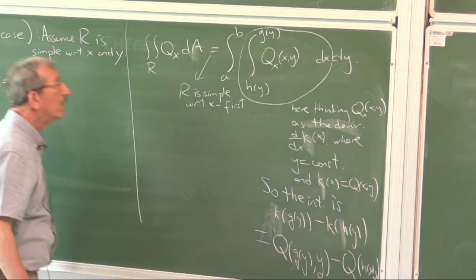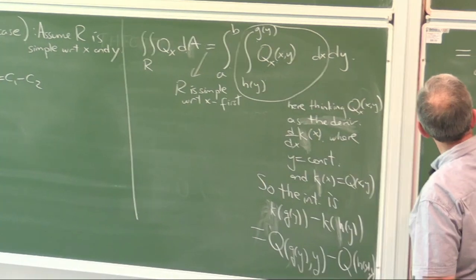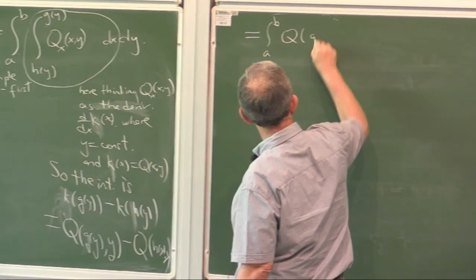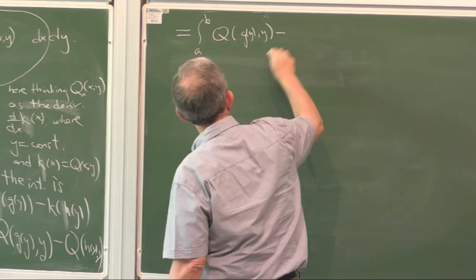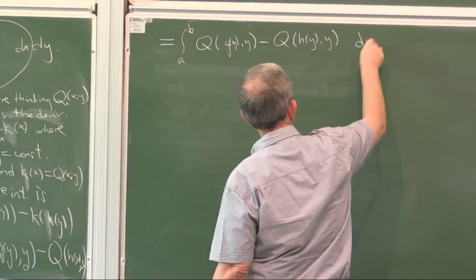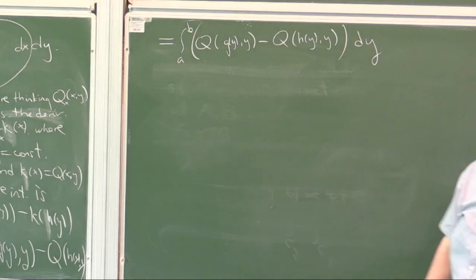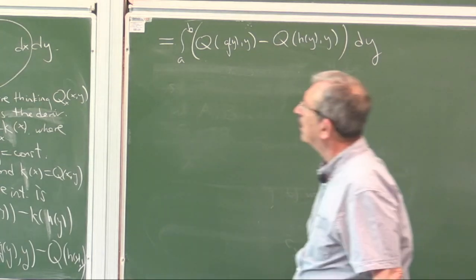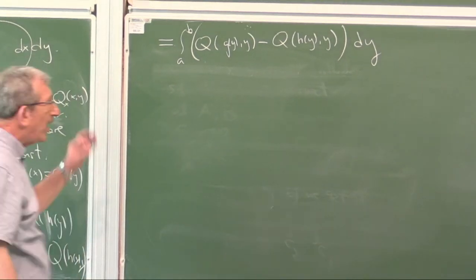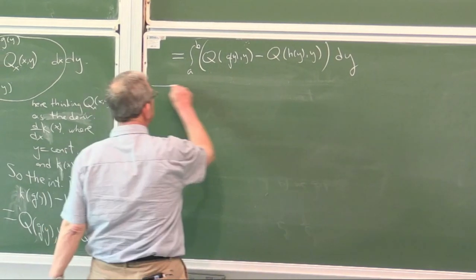So, rewriting, this becomes the integral from a to b of q of g of y, y, minus q of h of y, y, dy. I used here the fundamental theorem of calculus. The integral of the derivative is the function itself. But y is constant. I'm only working on x so far. Now, let this stay there.